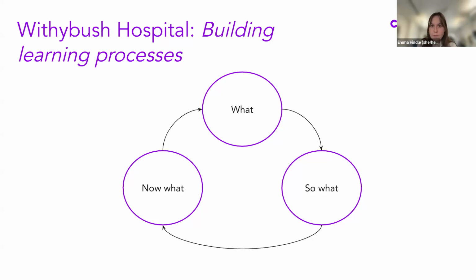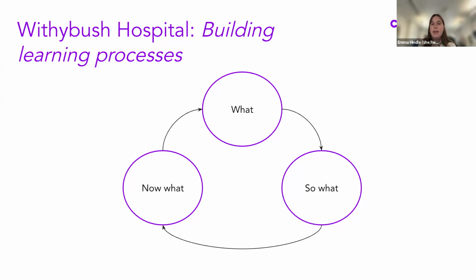So after observing that, we suggested to the group that they start using a what, so what, now what structure, and run the sessions like that so they can make the most effective use of their time and really focus in on not just what happened in the case, but what they felt was most important from it. So the types of things that they wanted to take away with them and apply later.